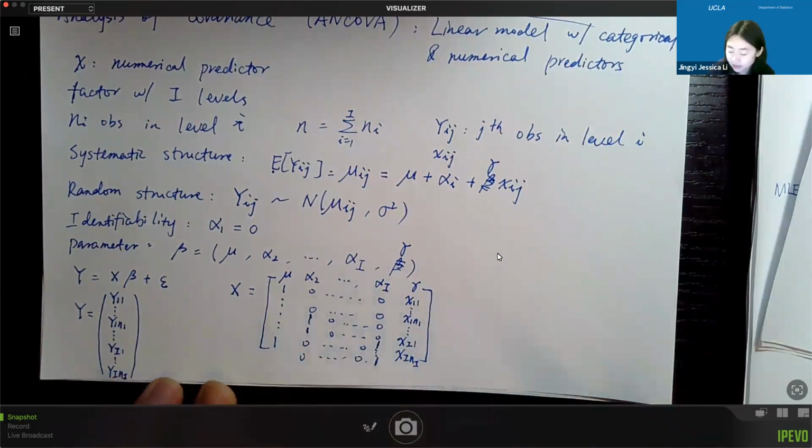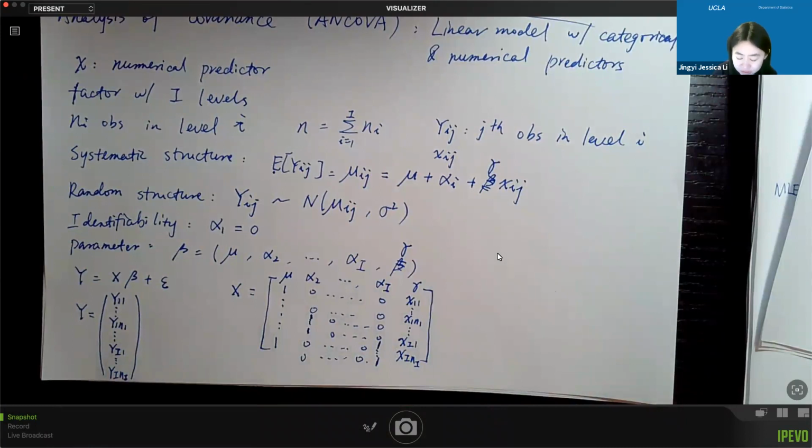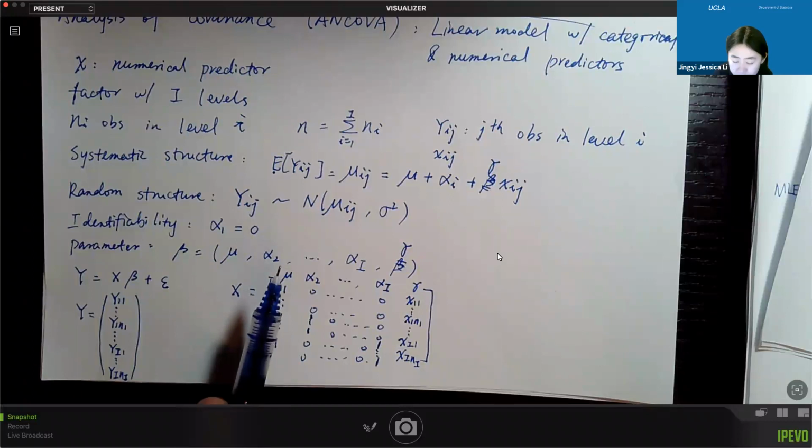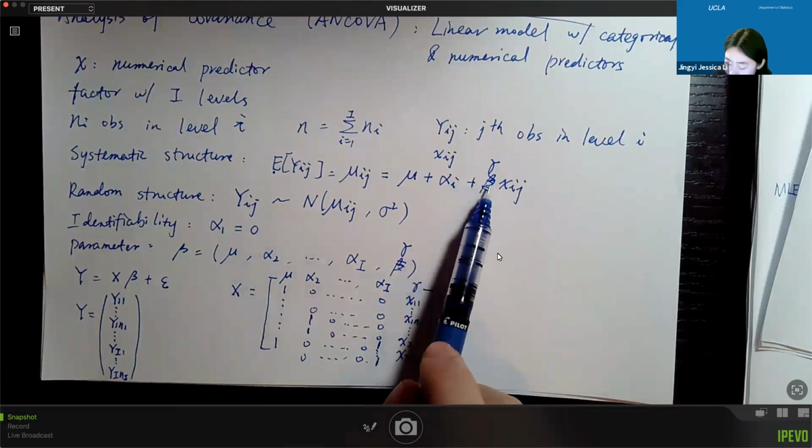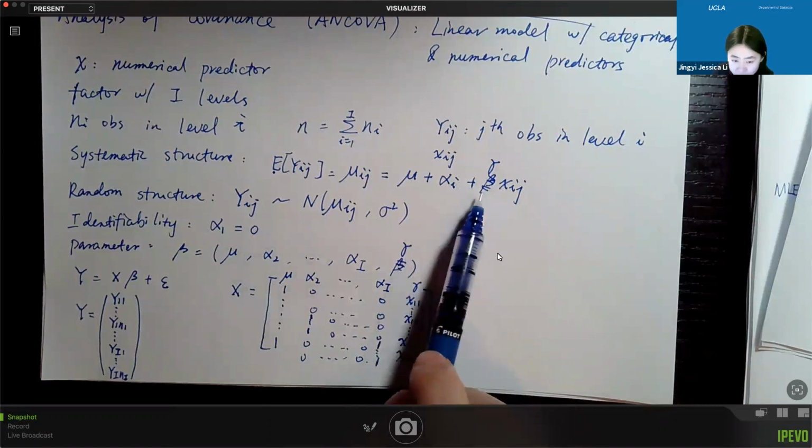So I would say that how to fill in the design matrix is the key for this part. If you understand this part, then you can use the standard R function lm to solve any linear regression problem. Okay, so for this special case where we have one numerical predictor, one factor predictor, and in the systematic structure, we didn't assume any interaction between the two things.